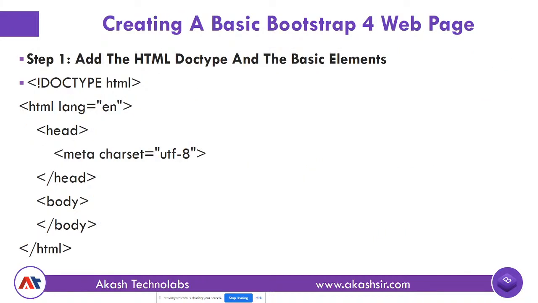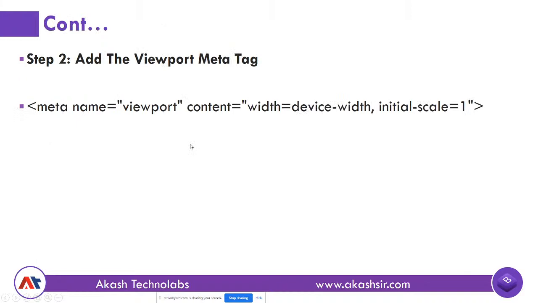So for that, we have to create a basic layout in Bootstrap. We have to write the basic HTML structure, doctype, html lang. We have to specify that it is English, meta charset UTF-8. It will accept all the characters, Gujarati, Hindi, English, Marathi, etc. And then we have to write a most important tag, that is meta name viewport, and this will define your website width to be the device width and the initial scale to be 1.